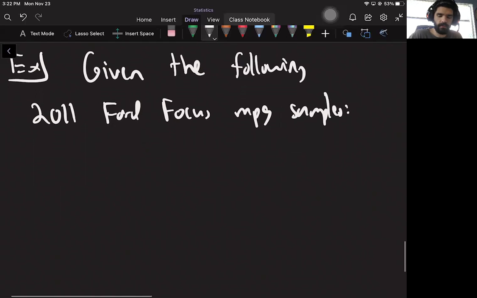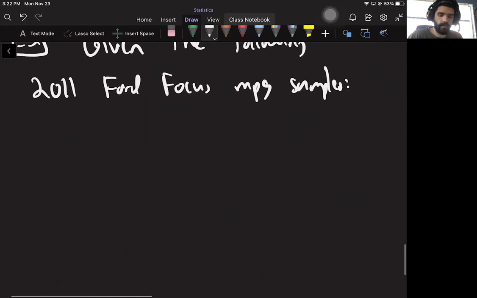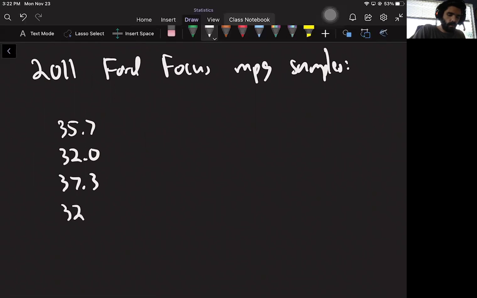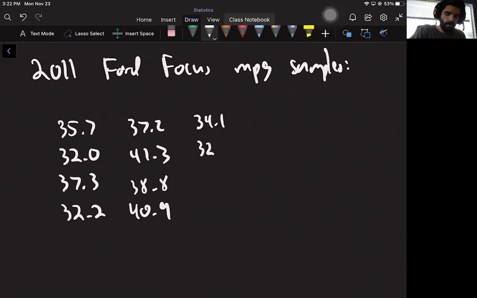I took a bunch of Ford Focuses and got their MPG, and this is what I found. I'm going to write them down: 41.3, 38.8, 40.9, 34.1, 38.2.